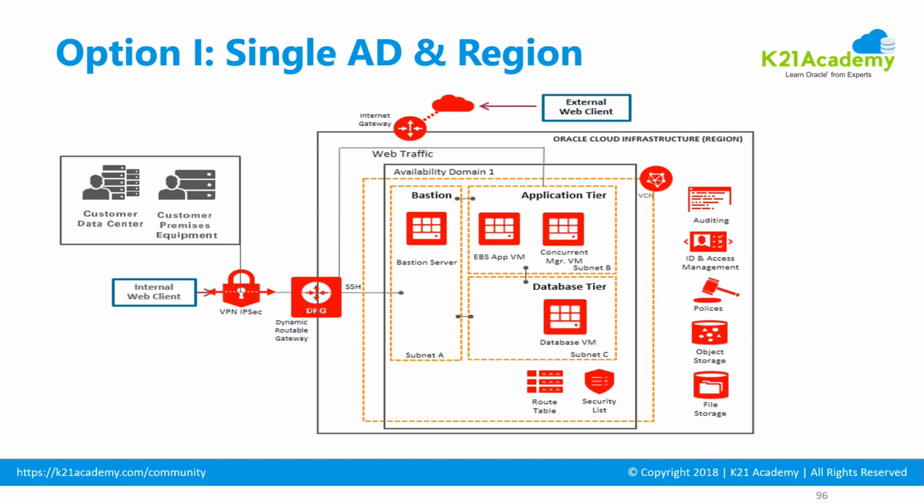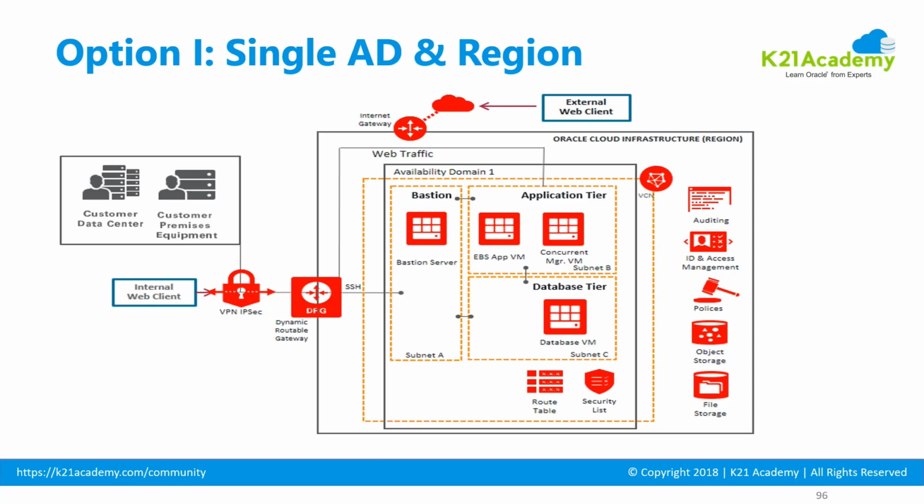Now this type of deployment is suitable for test and dev environment or non-critical applications where business can afford a little bit time to wait in case if application goes down, or underlying infrastructure like servers, storage, network, or databases are not available. Now another reason why you or your customer would like to pick this option is because you are in a region and that region only support 1 availability domain.